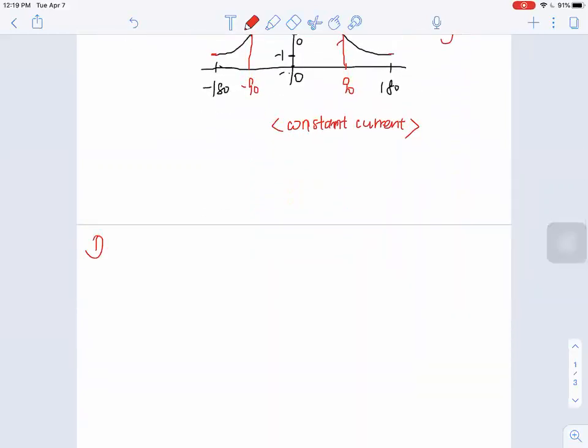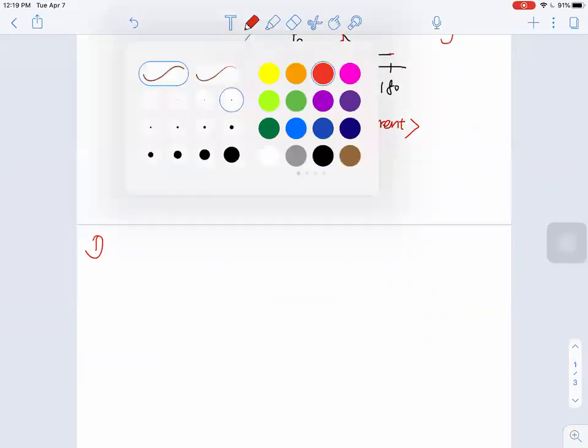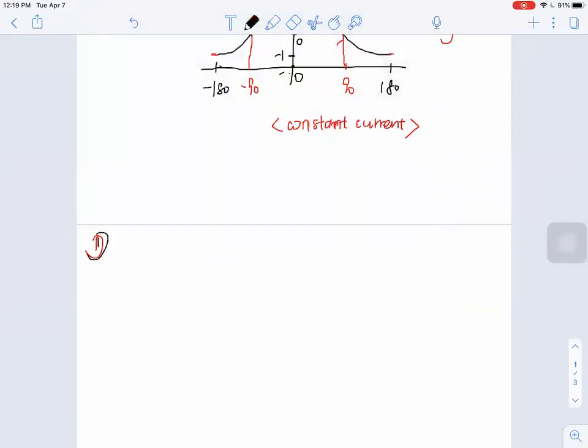Let me change color here. First solution we can do is switch the direction of current. And if we do that, then let's draw this again.